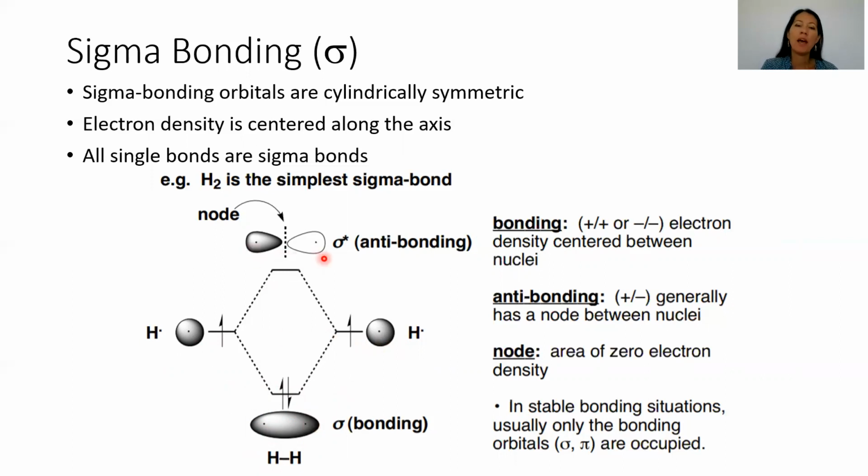And that creates that opposite sign that I was mentioning, where these do not form anything constructive, they form something destructive, and that is something we call sigma star or anti-bonding.